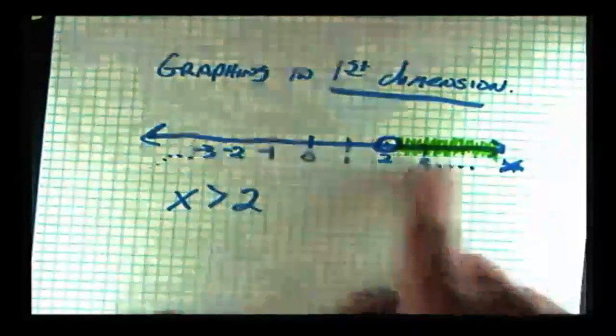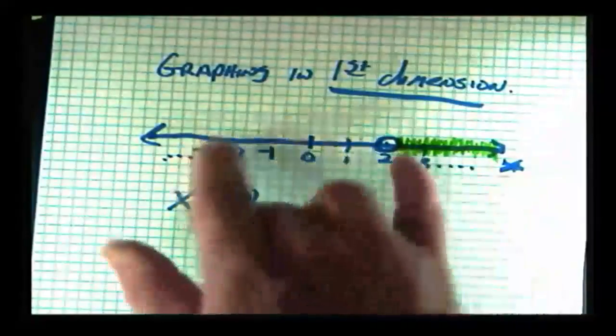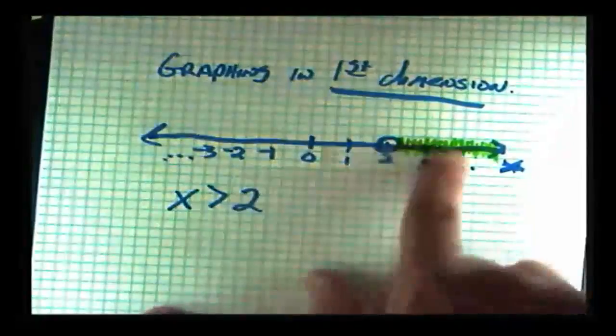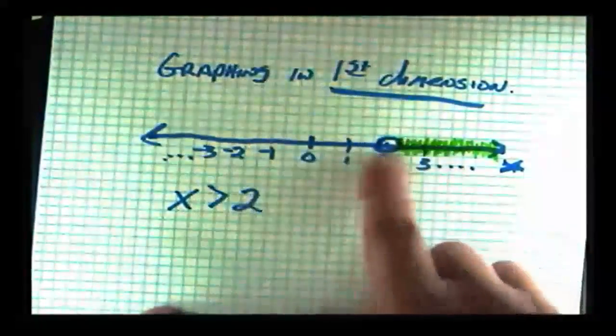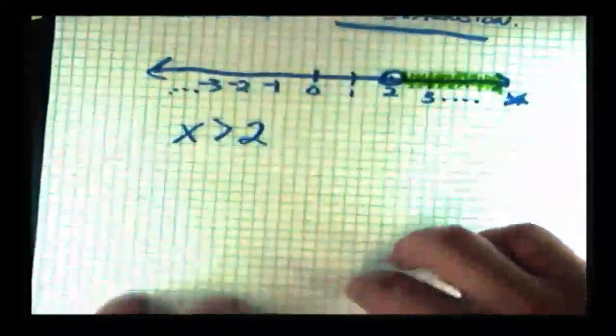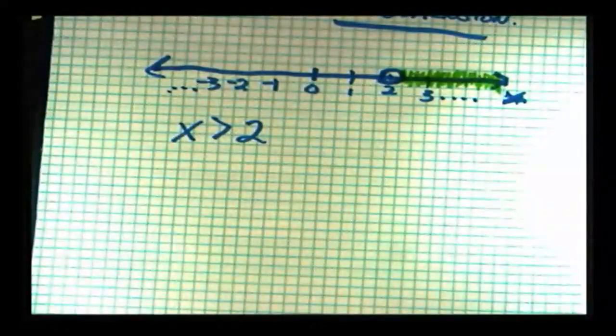So this side of the graph is telling me all of my x's that are greater than 2. So this graph and this inequality are matching each other. Notice the open dot for strictly greater than.